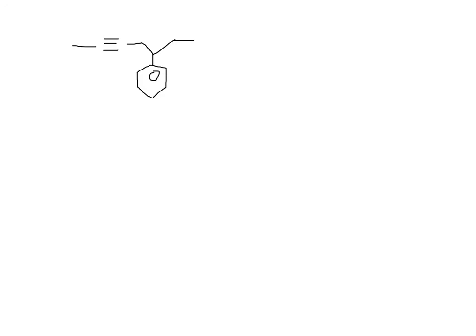Okay, so that phenyl group will be a substituent group added to the main chain. The main chain has 1, 2, 3, 4, 5, 6, 7 carbons. So it's going to be a hept, and then it's got a triple bond, so it'll be heptyne.